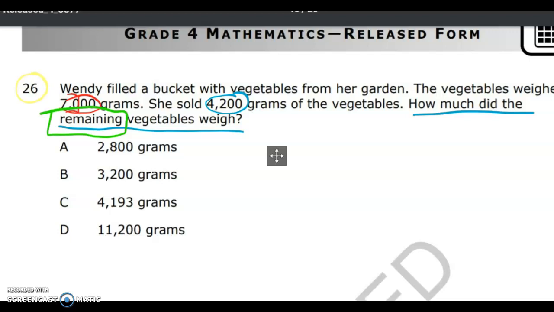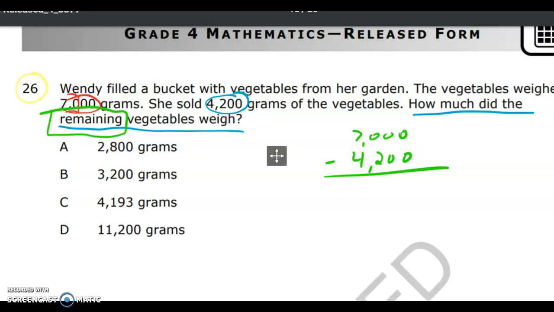And remember, when you find the difference, you're going to have the bigger number, and then you subtract the smaller number from that. That gives you the difference between the two. So we're going to set it up. 7,000 minus 4,200.